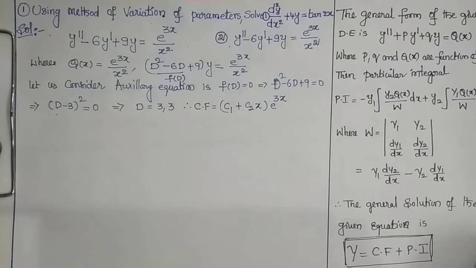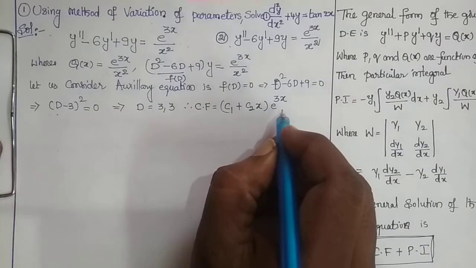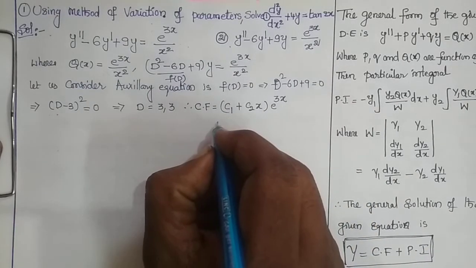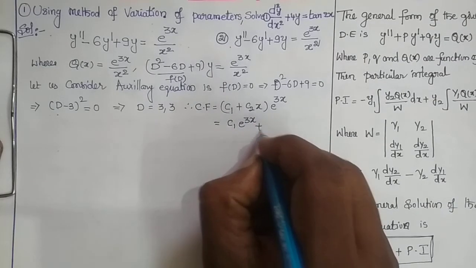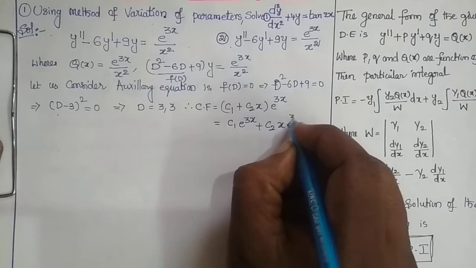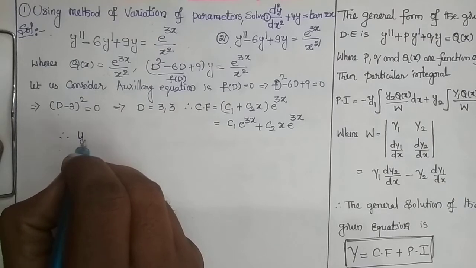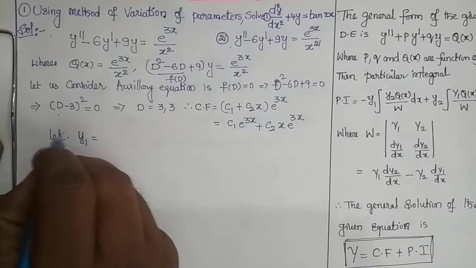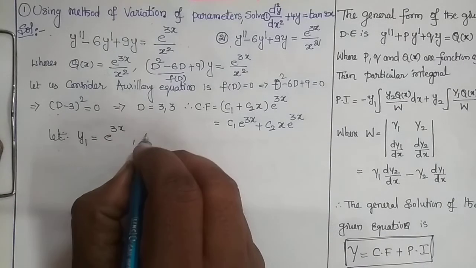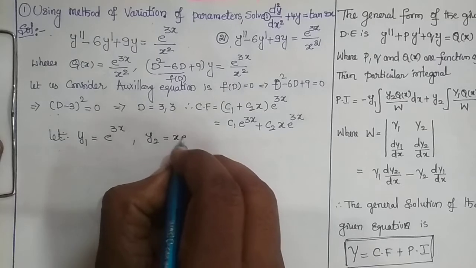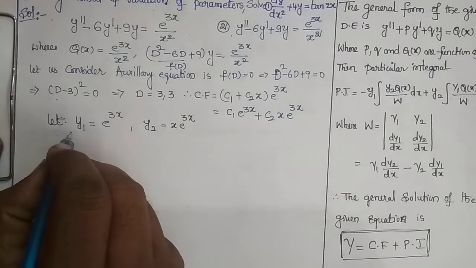Before we find the particular integral, let us denote y1 and y2. For our convenience, we have written c1 e power 3x plus c2 into x into e power 3x. Let us take y1 is equal to e power 3x and y2 is equal to x into e power 3x.